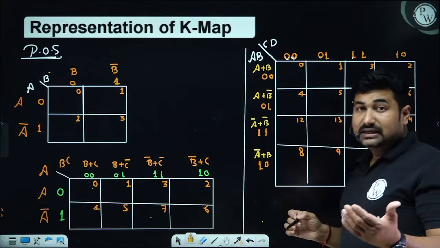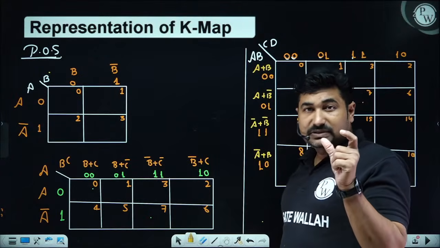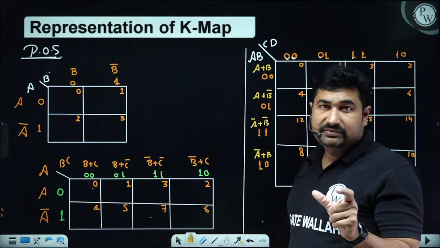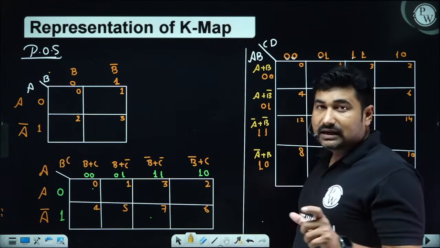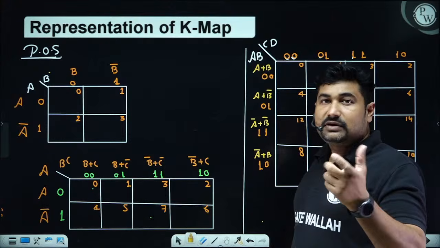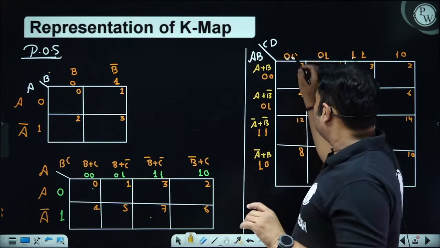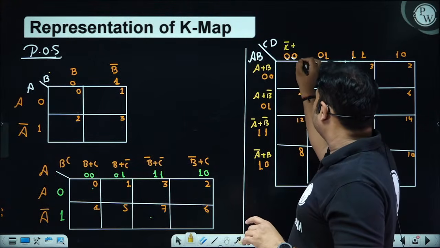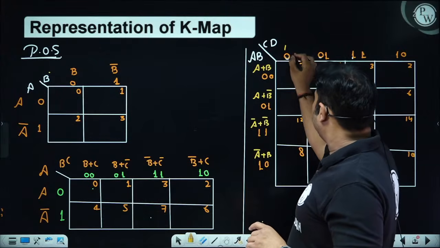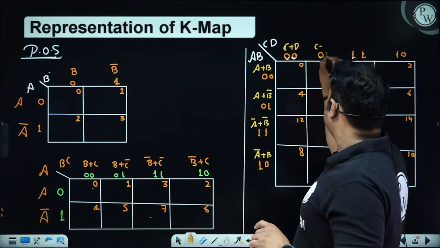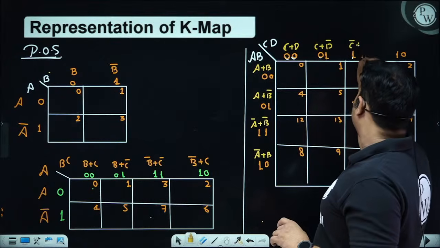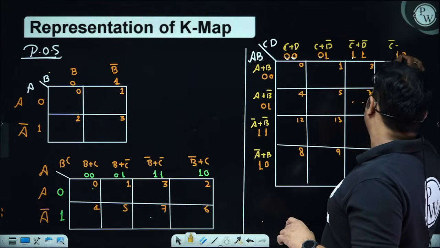In POS, each sub term is an addition term, and that addition term must give logic 0. So we have here C plus D, C plus D bar, C bar plus D bar, and C bar plus D.